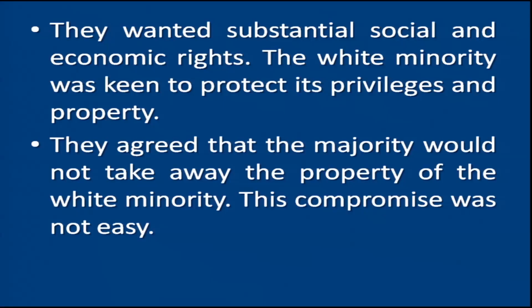The blacks also agreed that the majority would not take away the property of the white minority, because the white people from the very beginning had fear for their property.